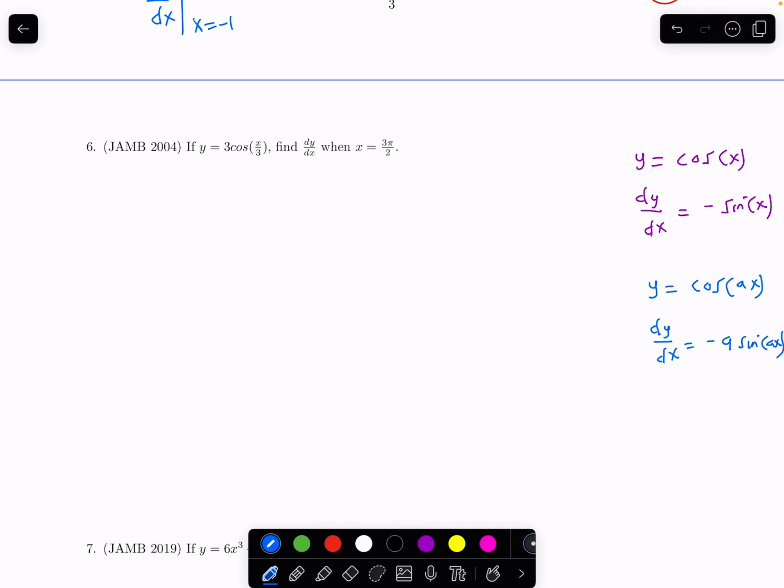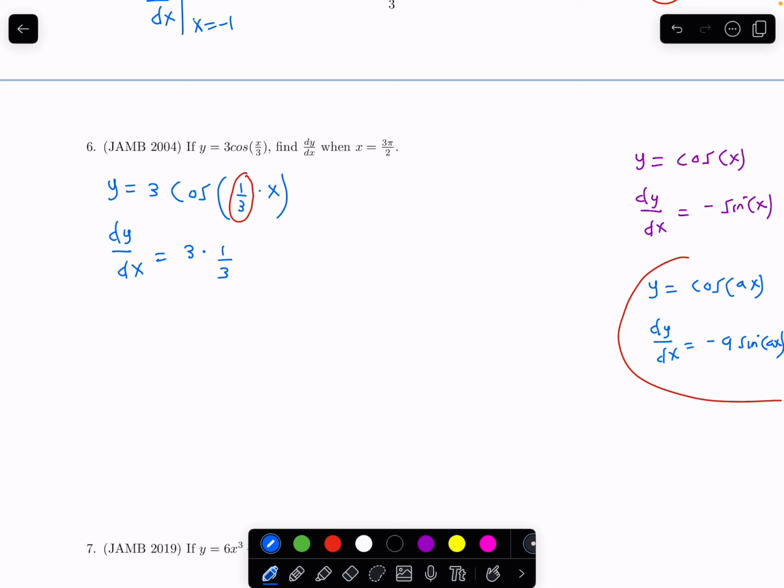So in this case, my y is equal to 3 cos x over 3, right? So I can write this as y equal to 3 cos of 1 over 3 times x. If I take the derivative, dy/dx is going to be 3, then the constant, which is 1 over 3, comes out.